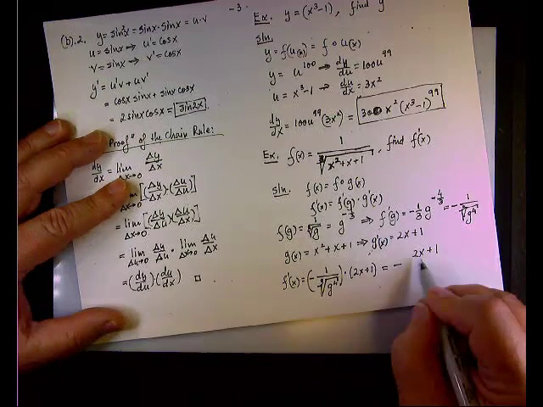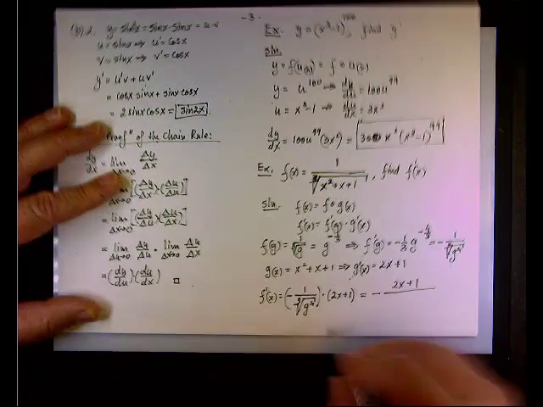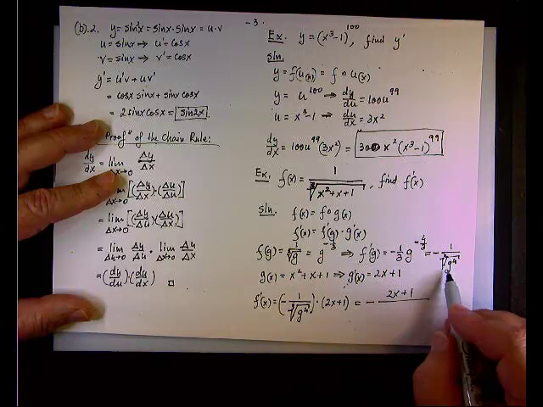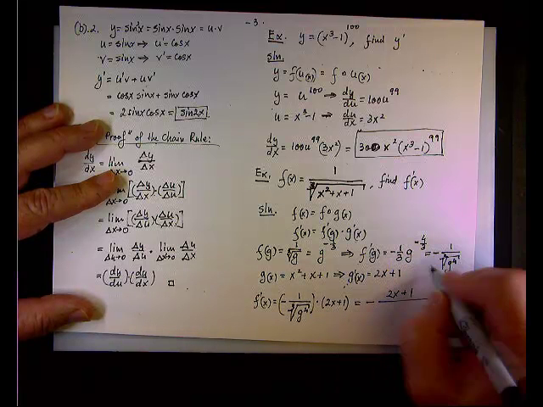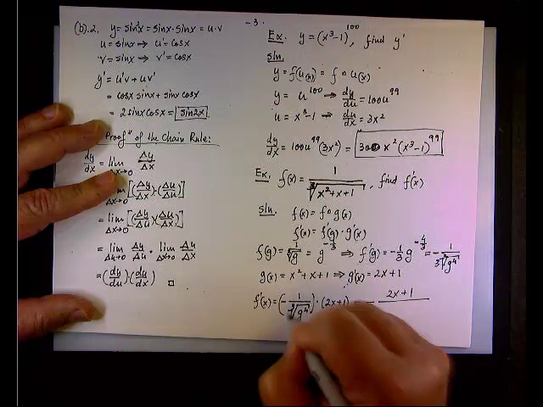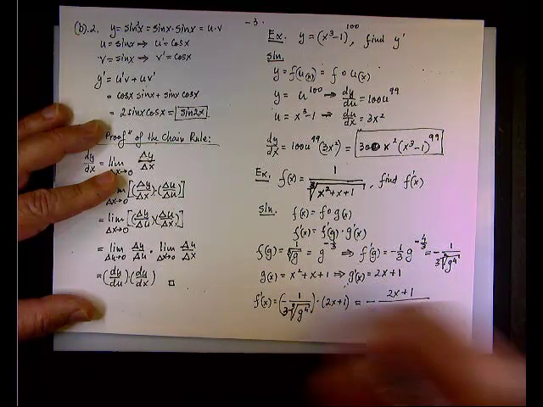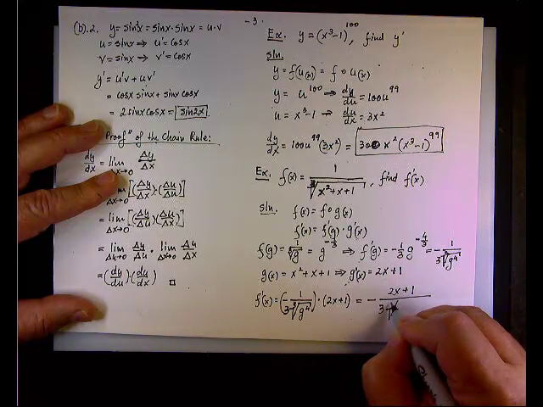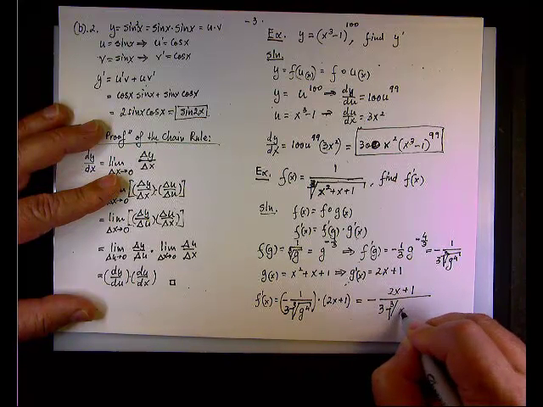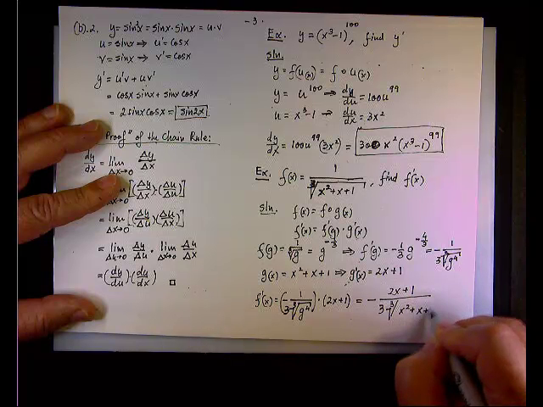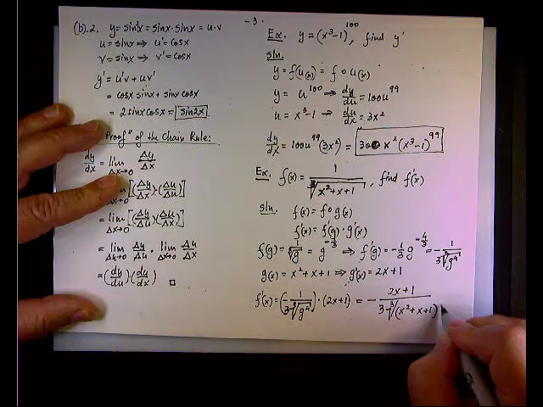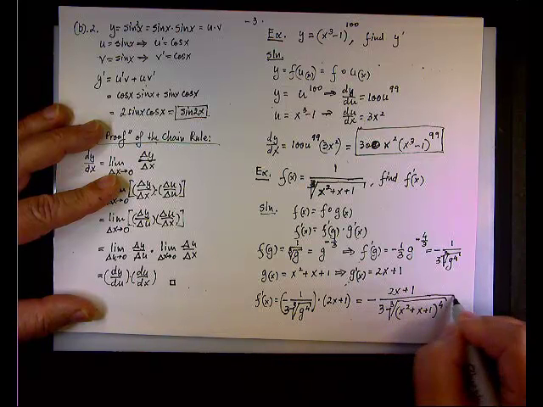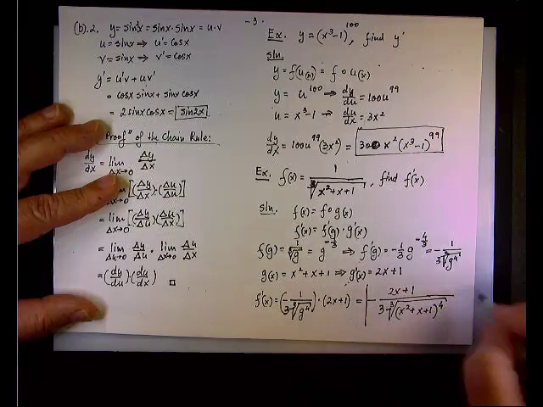So we have 2x plus 1 on top, and at the bottom there is a 3 somewhere which I left out. There is a 3 right here and right here. So you have 3 times the cube root of x squared plus x plus 1 to the 4th power, and this one sitting inside the radical.